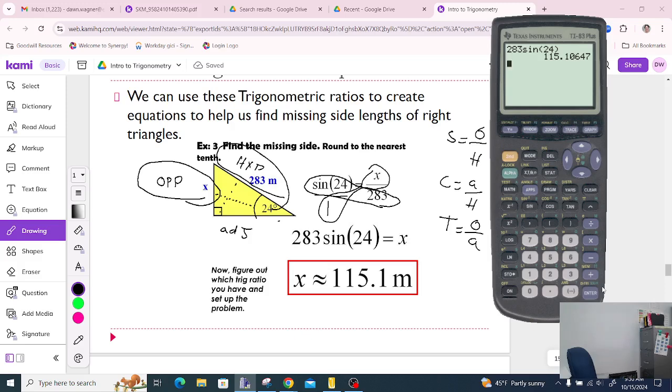Oh, they just rounded. I just changed your float.